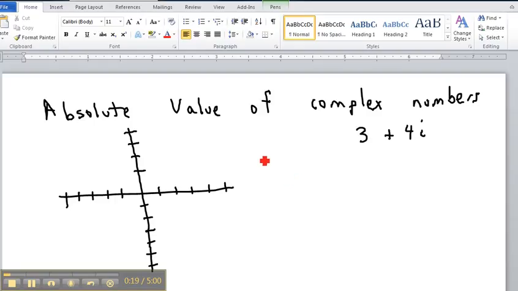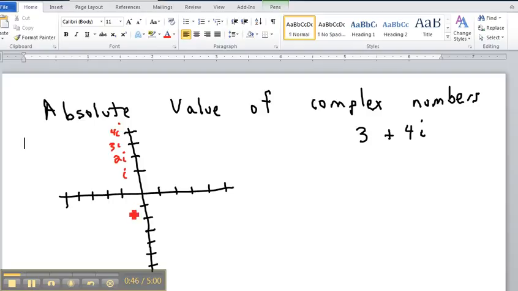If you look at graphing a complex number, remember this is your real number, and my real number is 3. When I say this, I'm referring to the horizontal axis. The vertical axis is your imaginary number. So if I count up, this would be i, this would be 2i, 3i, and 4i, and so forth.